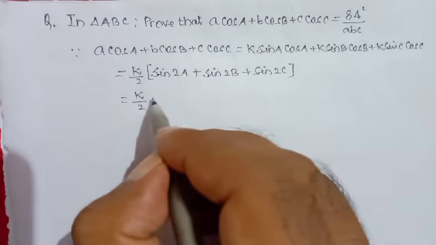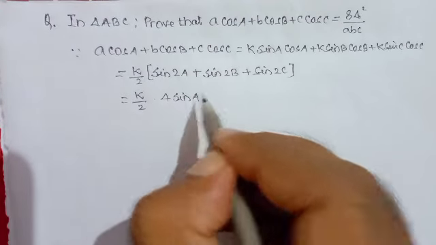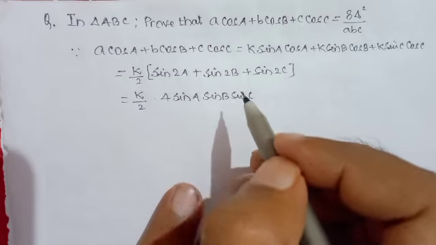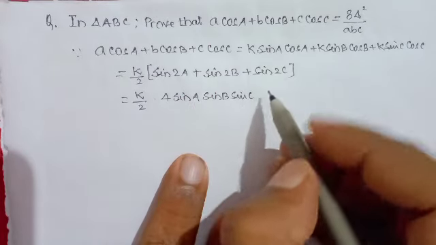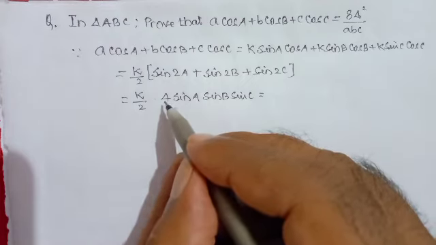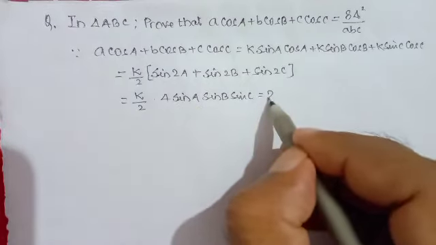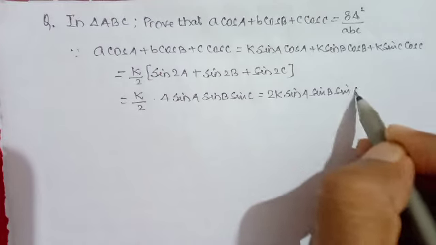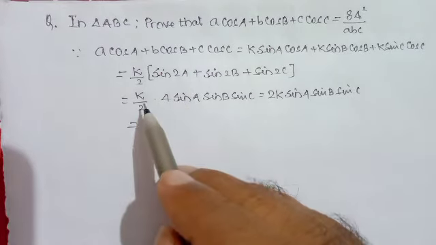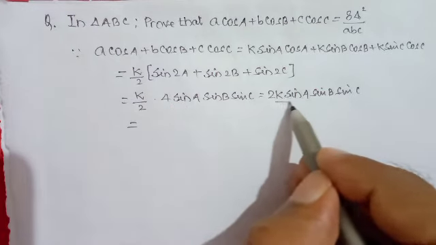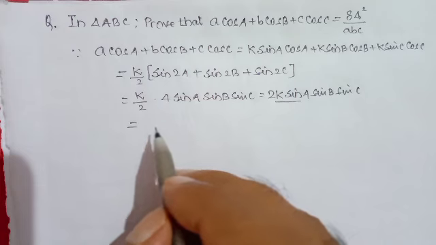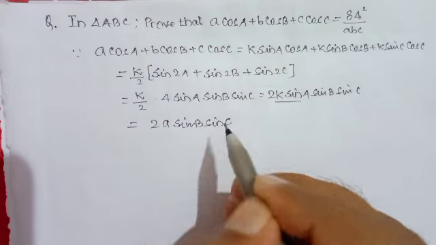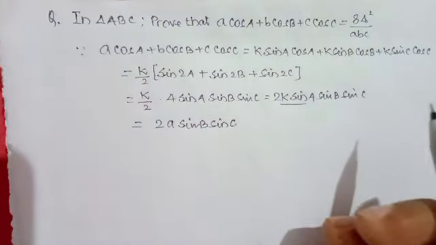That value will be 4 sine A into sine B into sine C. Further, after cancellation, it should be written as 2K sine A into sine B into sine C. 4 cancels by 2, means 2K sine A. Again, K sine A should be written as A. 2A sine B into sine C.